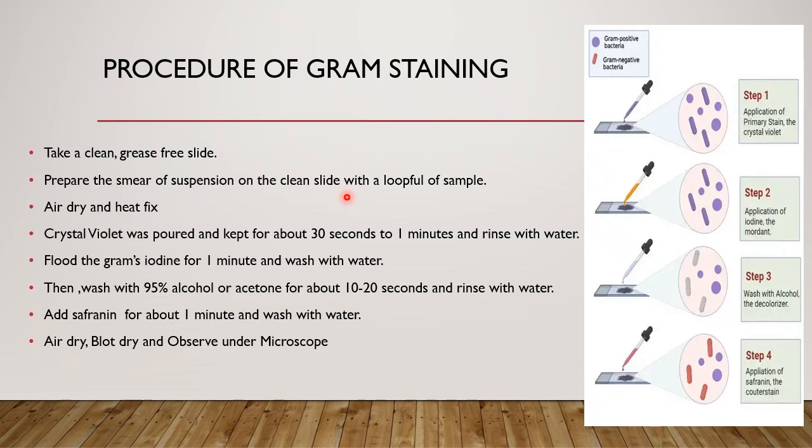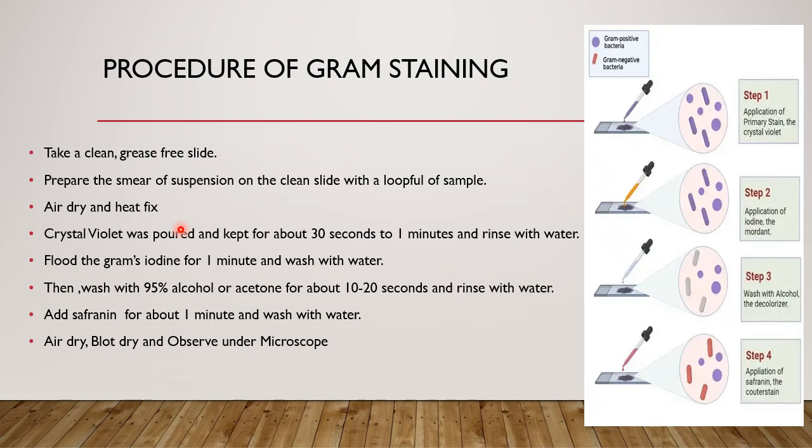After this we will do air drying and heat fixing. This air drying is just to dry the bacteria so that you can stain. So you will air dry the bacteria, and then you will heat fix, in the sense slightly you will expose the slide onto the burner.